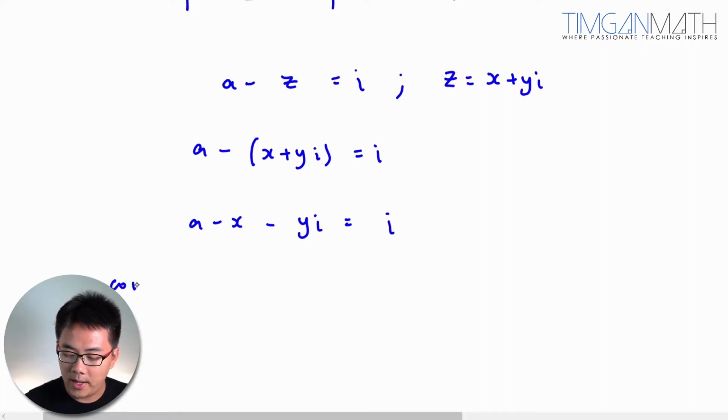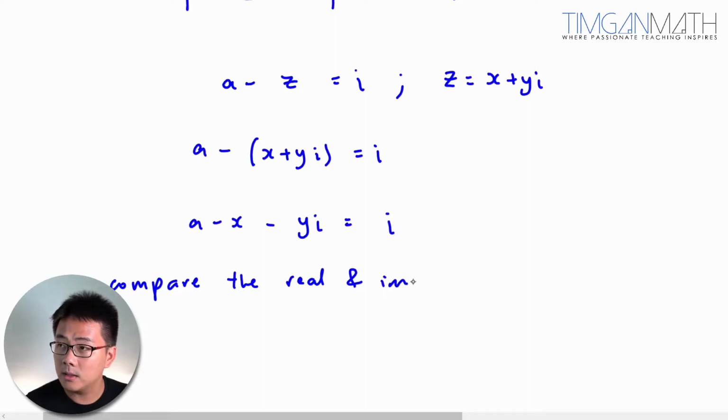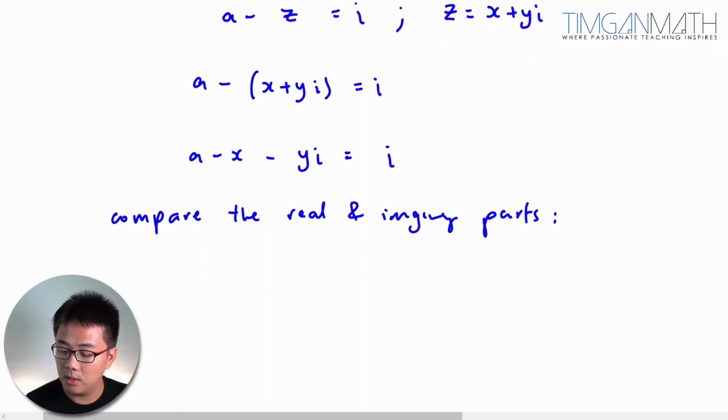So I'm just going to compare the real and imaginary parts. Okay, that's pretty okay. So here what we're going to get is a minus x equals 0, because this is 0 plus i.